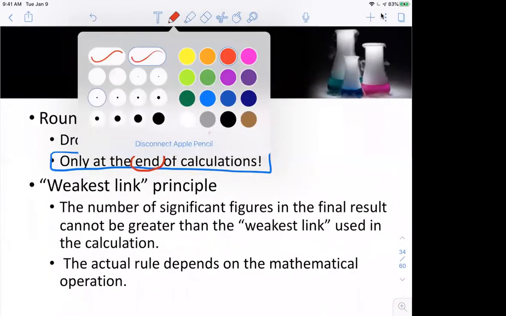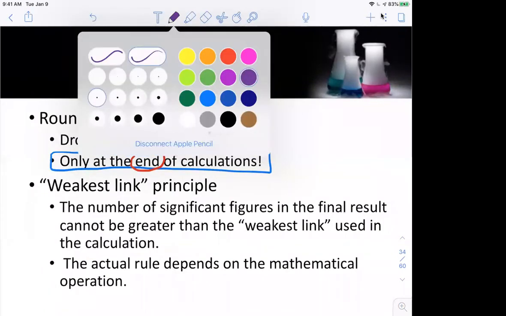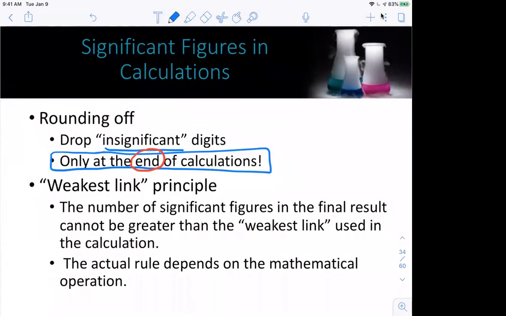I never round before I get to the end. Now, why is this important? Because I'm going on the weakest link principle. The number of significant figures in the final result cannot be greater than that weakest link or the least certain measurement that's used in the calculation.